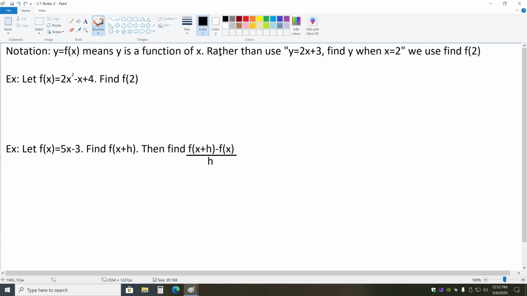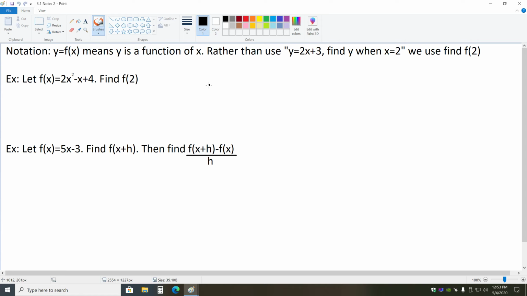Well, if you think about it, if I wanted to evaluate some y value given an x value, I would have to say y equals 2x plus 3, for example. Find y when x equals 2. But instead, we can just use find f of 2. If this were written in the function notation, f of x equals 2x plus 3. So it makes the problems a lot more condensed.